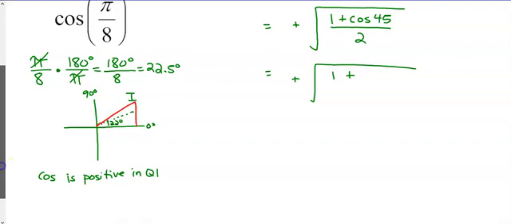So we're going to split that, call that 45 degrees, and like I said, I'm going to use 1, 1, and root 2 for the 45-degree angle. Cosine is adjacent over hypotenuse, so 1 over root 2.